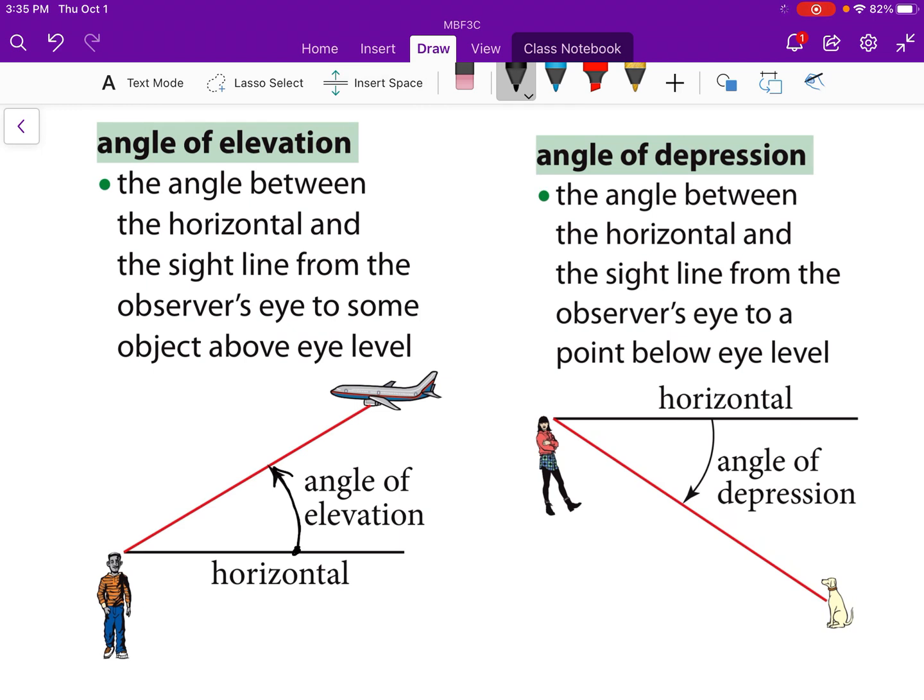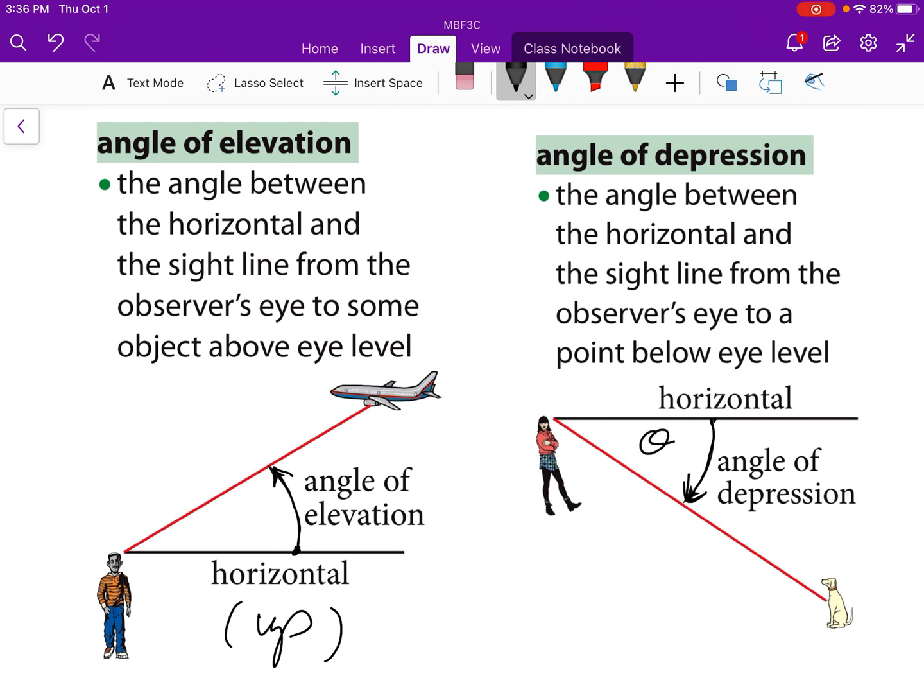So from the horizontal up gives you the angle of elevation. In this case, the boy's height up to where he sees the airplane. And in the angle of depression, the angle between the horizontal and the line of sight from the observer's eye below eye level. So it is down. So from the horizontal down, that would be the angle there of depression.